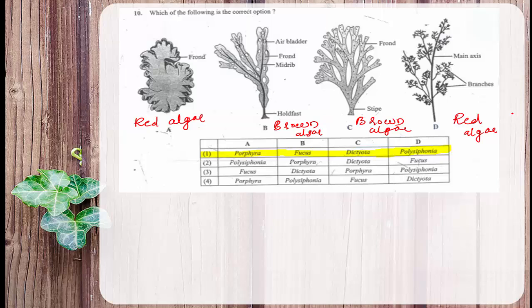So all of them are members of algae. Porphyra is a member of red algae, fucus is a member of brown algae, dictyota is also a member of brown algae, and polysiphonia is a member of red algae. So rhodophyceae and phaeophyceae members are given in the image, and the right answer for this question is option 1.